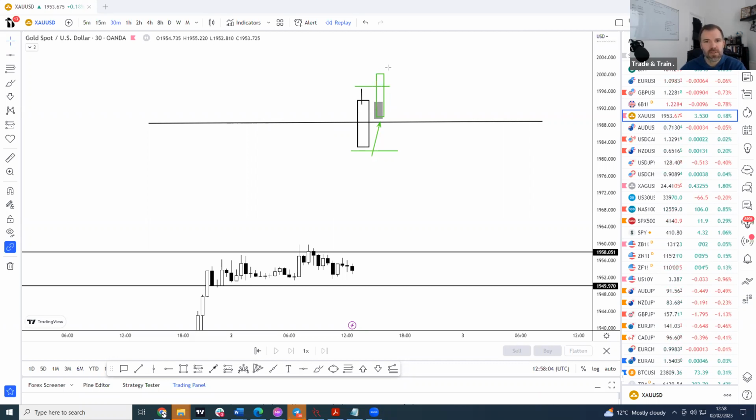The next thing I want to say is, right, what happens if the next candle does this? So it comes back down and it closes bearish. What would you do? Would you do anything?